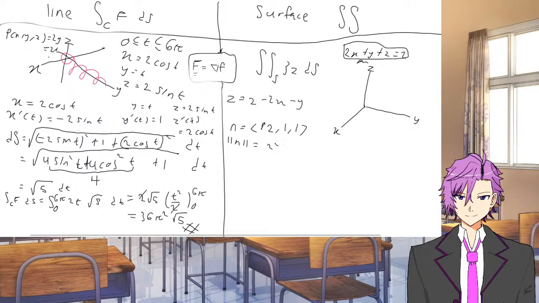So it will be 2 squared plus 1 squared plus 1 squared, which is square root 6. Since this is dS, we need to change this to dA later on. So integrate 3z square root 6 dA.